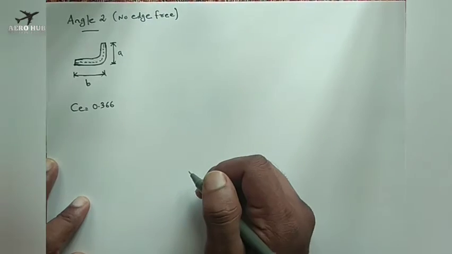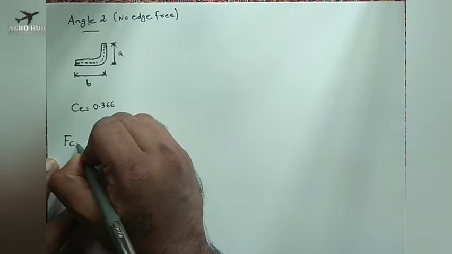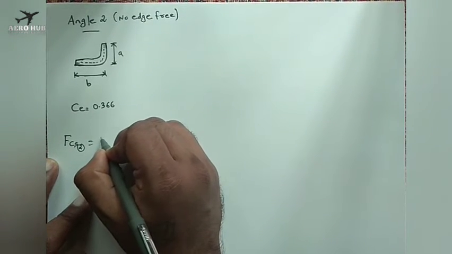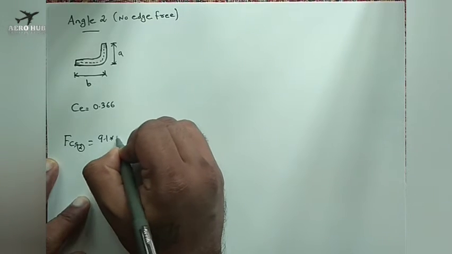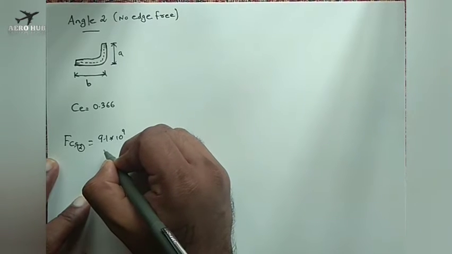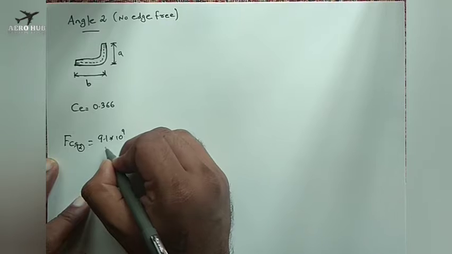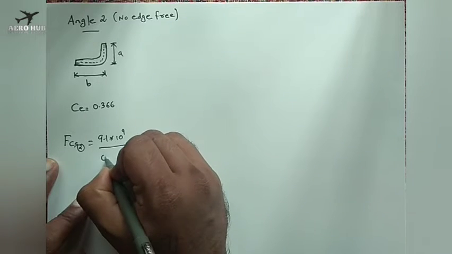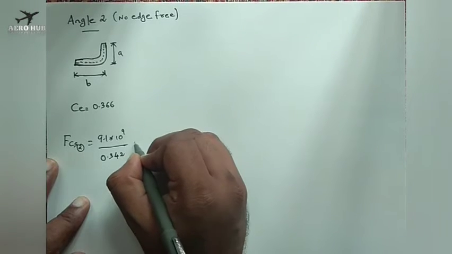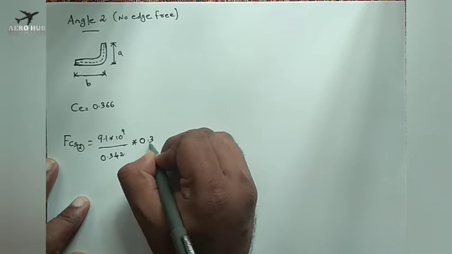Okay, so I can find out the value of FCS very easily. So FCS of 2 will be equal to FCS of 1, which was 9.1 into 10 power 9, divided by the value of CE for section number 1, and multiplied by the value of CE of section number 2.